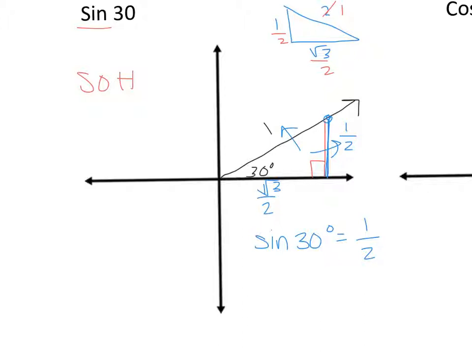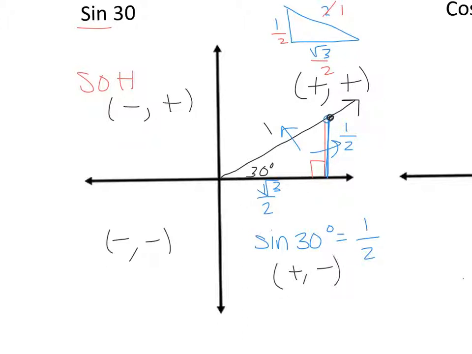It's a positive 1/2 because the y coordinate is positive right here. Right here the x coordinate is positive and the y coordinate is positive. Right here the x coordinate is negative and the y coordinate is positive. Right here the x and y are both negative, and right here the x coordinate is positive and the y coordinate is negative.